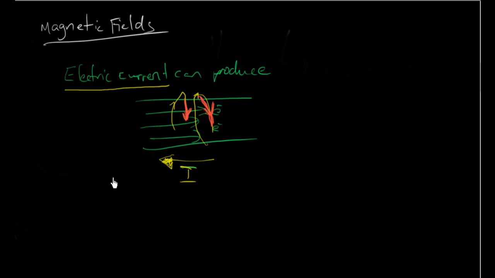So what's a magnetic field? A good definition for a magnetic field that you can write down if you want now is: a magnetic field is a region where magnetic materials like iron and steel, and so magnetic materials and current carrying wires, will experience a force. So feel free to take notes on any of this.